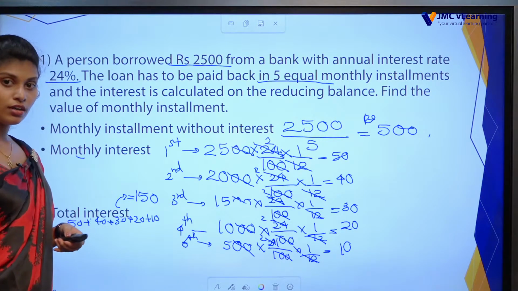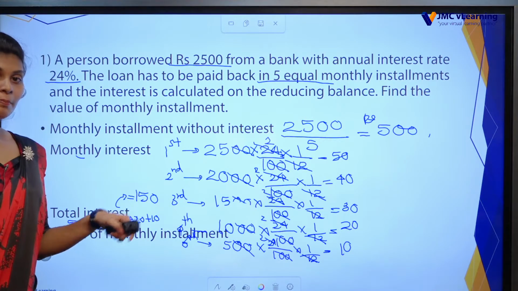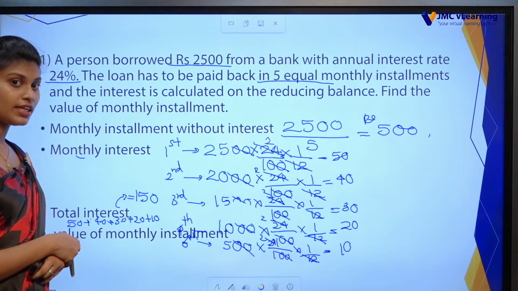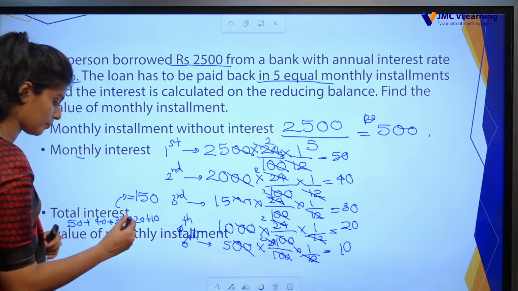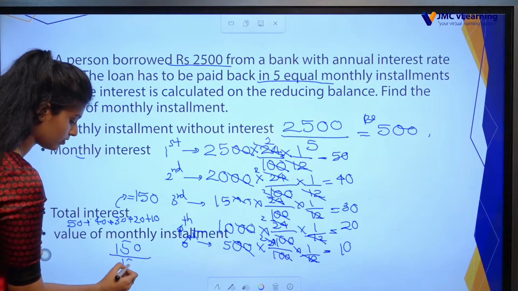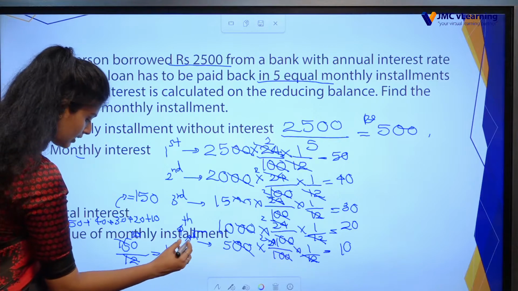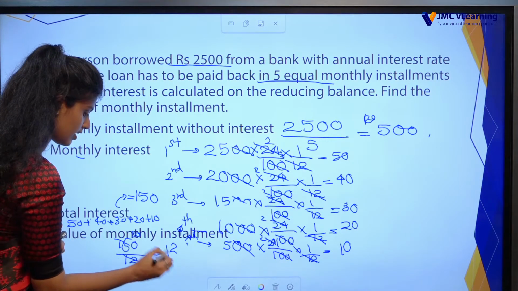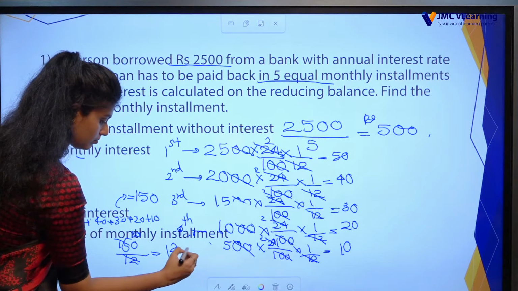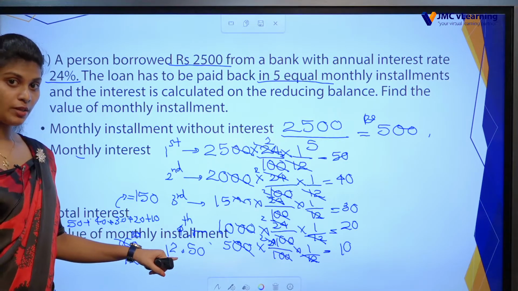This is the total interest. Now you have to take the value of monthly installment. You have to take the interest per month. For that, you have to divide 150 by 12. 1 left 30. For 30, there are 2 and 6 left. For 60, 50. That means the monthly interest is 12.50.